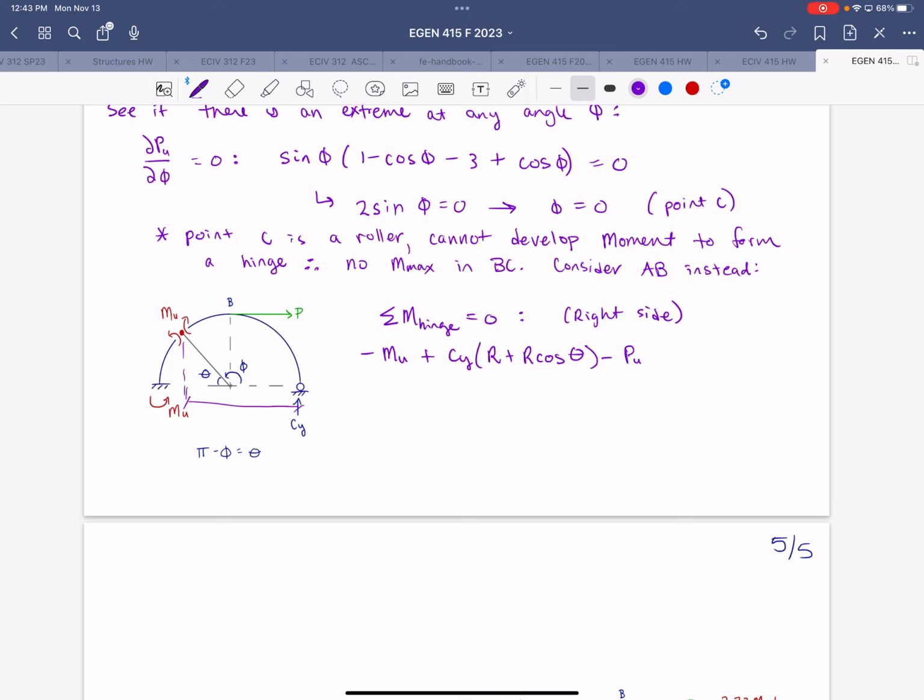Minus Pu times R times the moment arm. So we're looking for the moment arm of P about this point here. That's this distance, which is going to be R times 1 minus sine of phi.